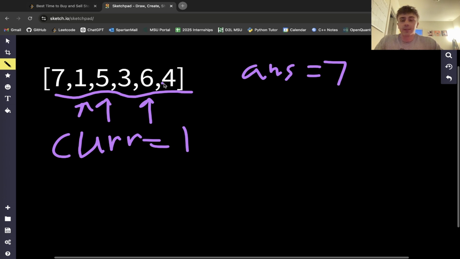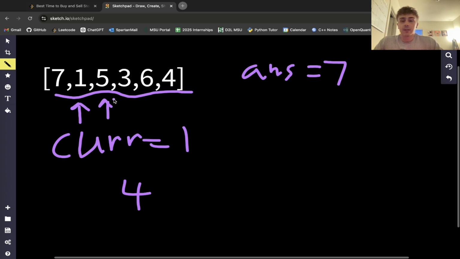So all I have to do is keep track of how much I've increased from the value that I bought at until my current value. And I have to sell when I reach a value that's lower. So if I'm holding it here, and I get to this one, I already know that the profit I will realize is $4, no matter what.